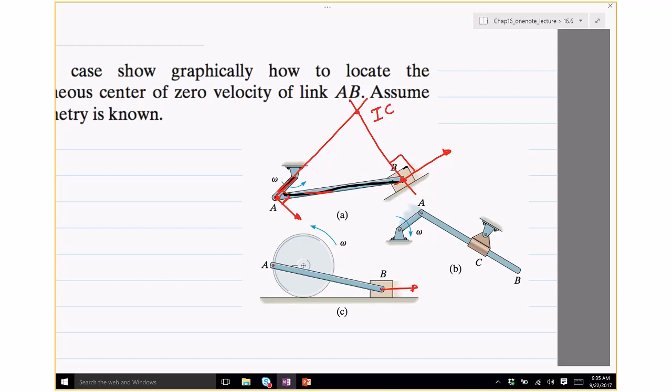If this point is at rest, and I want to find the velocity of point A, then I need to find this vector, and then turn this vector by 90 degrees in this direction. So it's going to be turning this way. Is that clear? So this point is at rest. I drew this vector, and then I'm going to draw this at right angle.